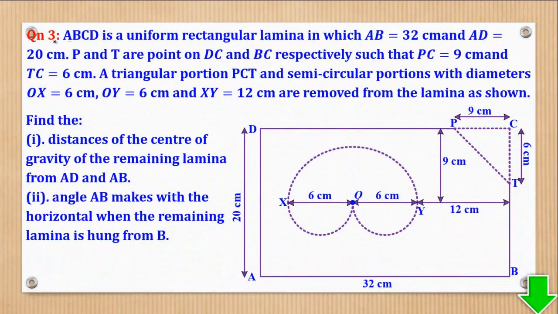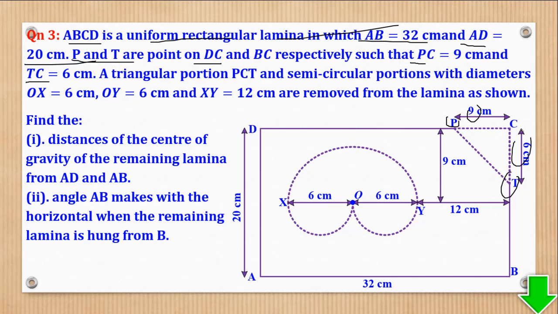Then question 3: ABCD is a uniform rectangular lamina in which AB is 32 centimeters, AD is 20 centimeters, P and T are points on DC and AB. Actually, they're here, this and this. Such that PC is 9 and TC is 6.